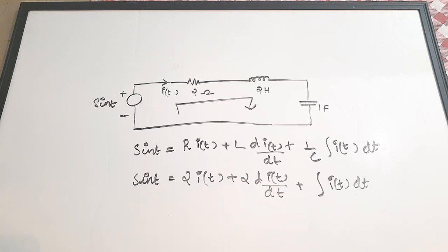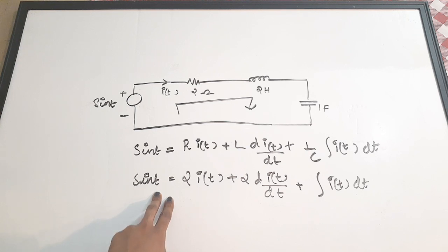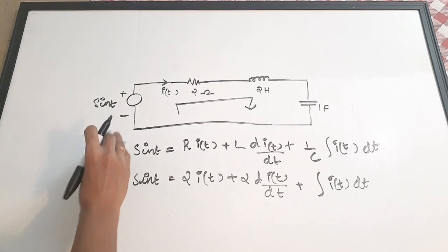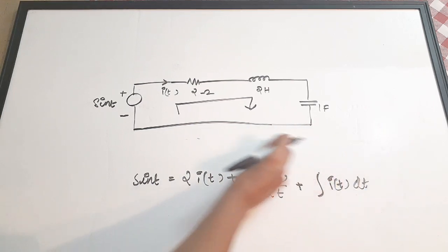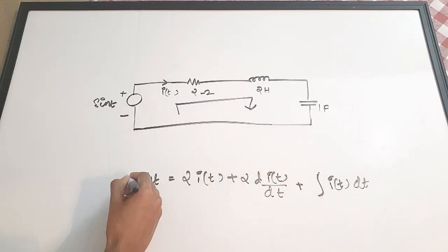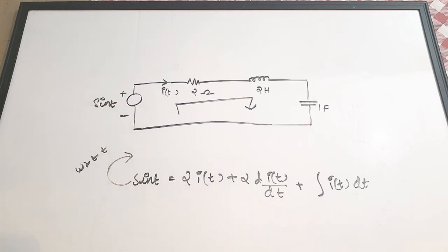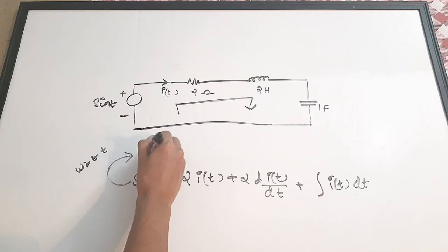Now we need to find the differential equation. So we need to differentiate this equation with respect to t. I'll write it above for you to see it clearly. What will you get? Differential of sine is cos.